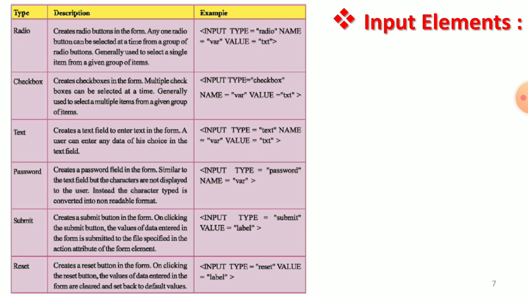And then last is a reset button. Creates a reset button in the form. On clicking the reset button, the values of data entered in the form are cleared and set back to default values. That means a reset button.